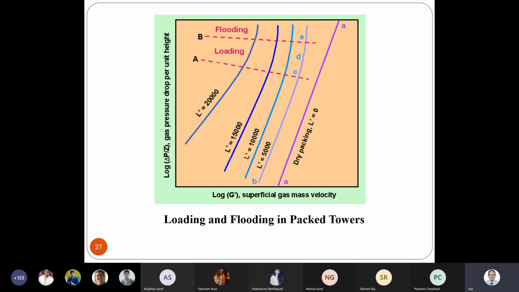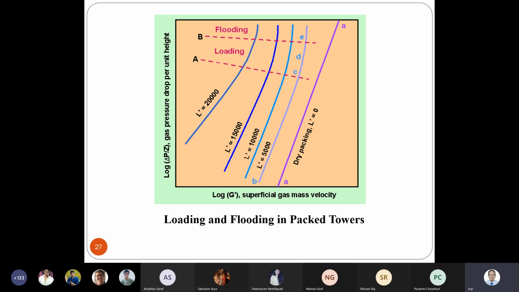That means in this period, the liquid hold up inside the tower is more or less constant. It is not changing with increasing gas velocity, so the pressure drop slope is constant.